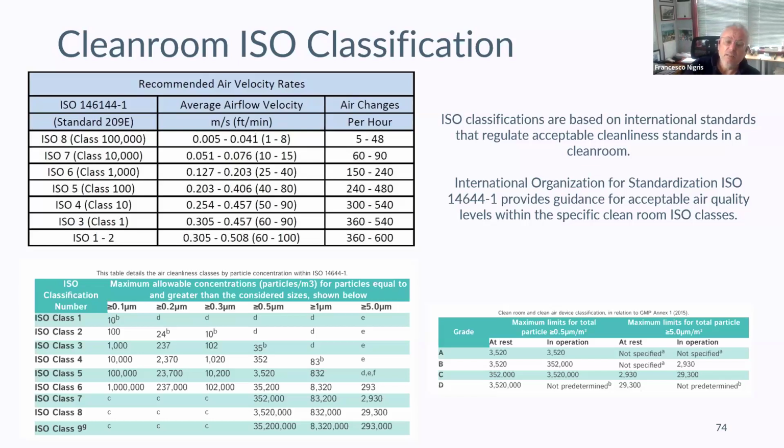But again, the important thing is that sometimes the ISO class is not the only thing we need to consider, because when you go into the GMP environment, ISO is not enough. They are talking about class A, B, and C, which also take into consideration the status of the process you're going to do inside.